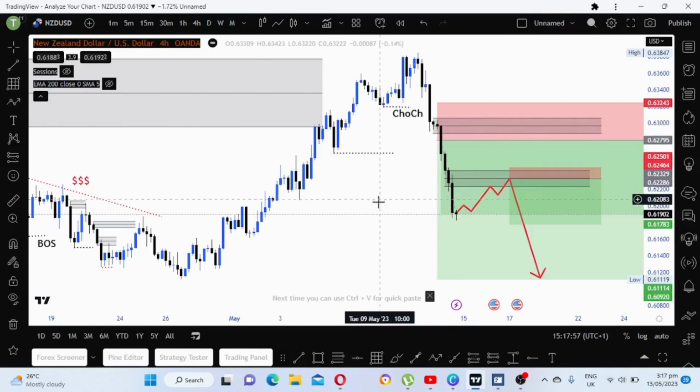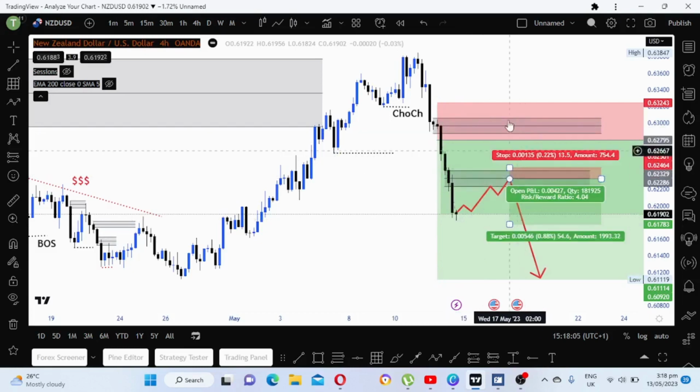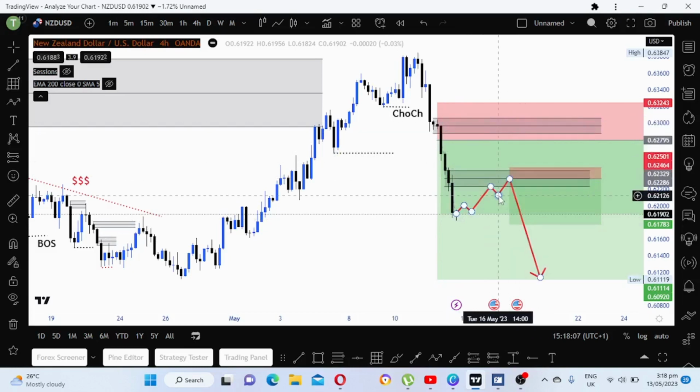So we are waiting now for a pullback. We can check which zone to draw. We already drew this one and this one. So I'm waiting for price to come back at these two zones and check which one I can enter.